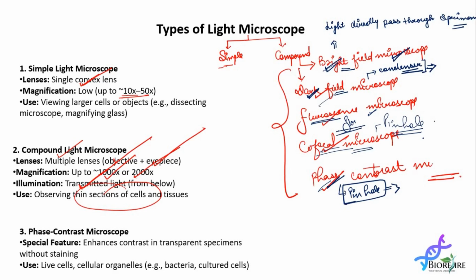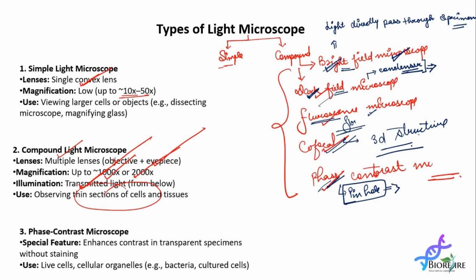The magnification power of the confocal microscope is the same as the fluorescence microscope, but here we use the pinhole. By the help of the confocal microscope, we easily construct the 3D structure of images.